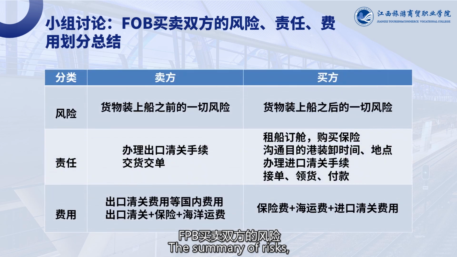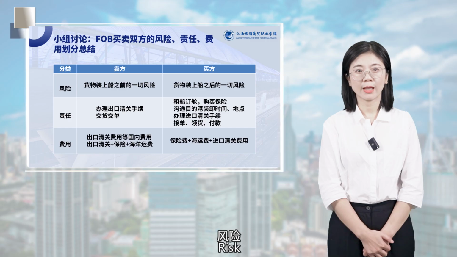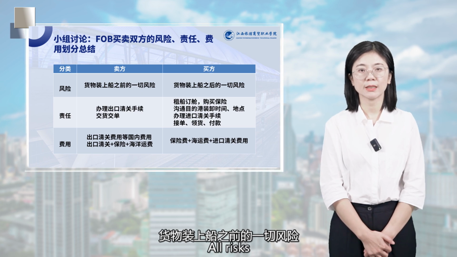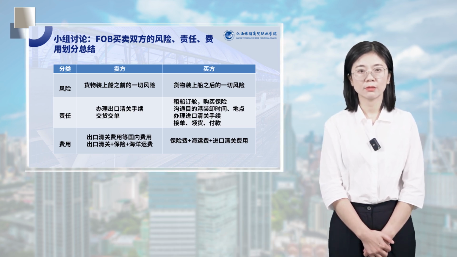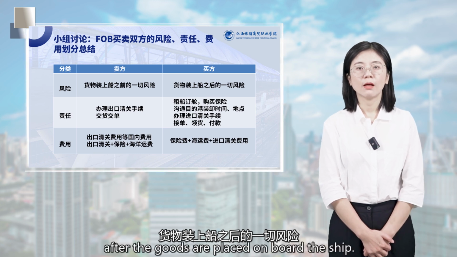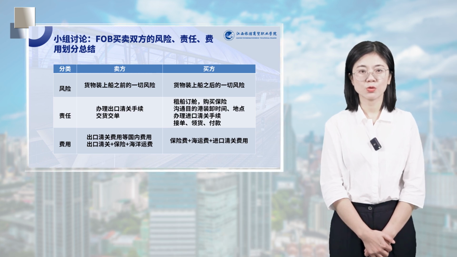The summary of risks, responsibilities, and expense allocation for both parties in the FOB transaction is as follows. Risk. Seller: all risks before the goods are placed on board the ship. Buyer: all risks after the goods are placed on board the ship. Responsibility.